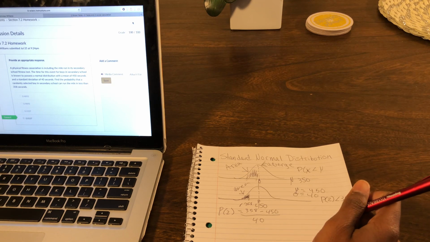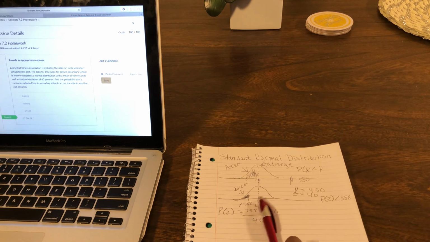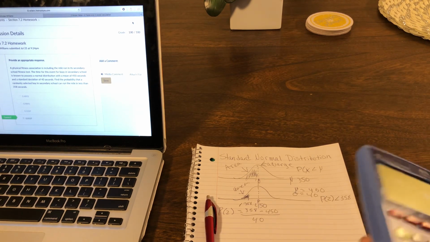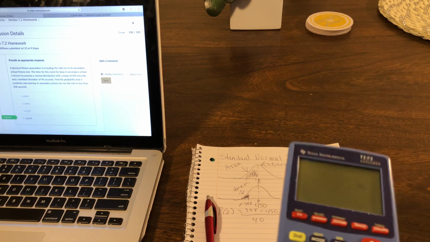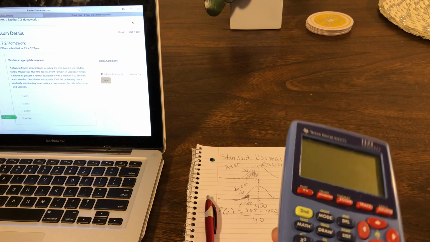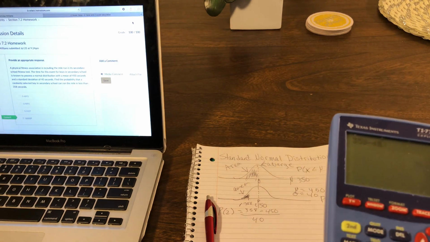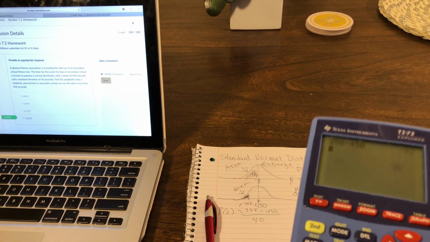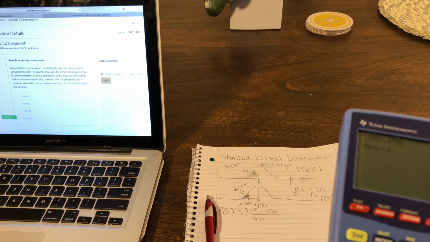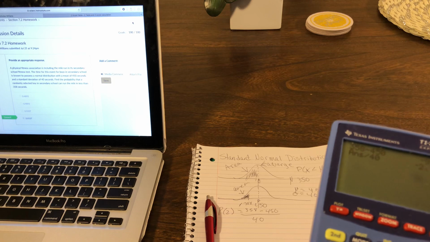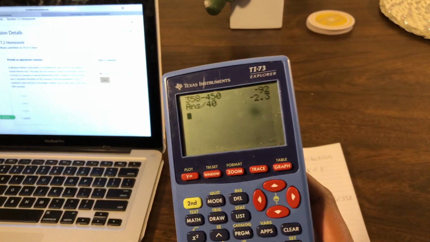All right. So let's work it out. 358 minus 450, that's going to give you negative 92, divided by 40. That's going to give you negative 2.3.